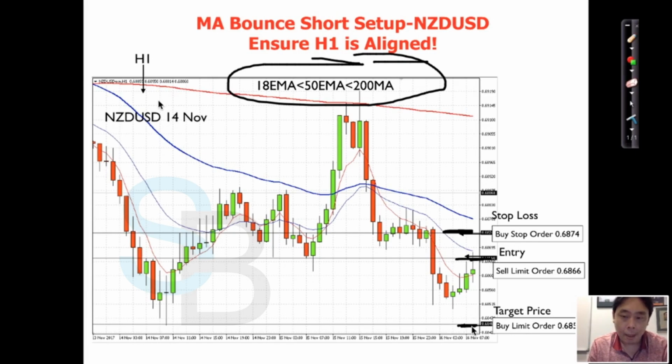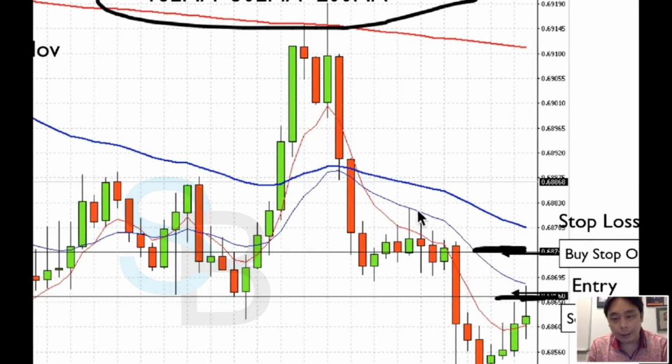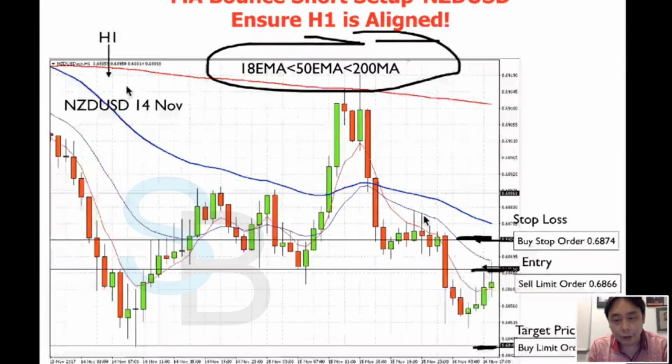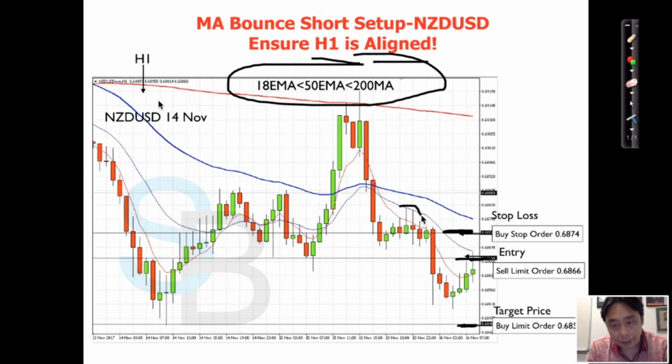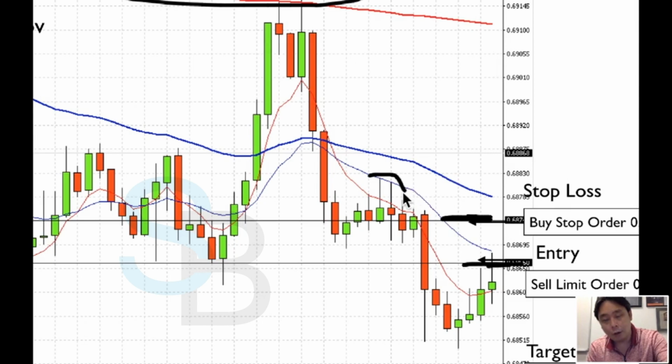Okay. And again, you can see on the hourly candles, this blue line, 18 moving average, is a resistance. Can you see? Resistance. And our stop loss is above that resistance level. So that gives me confidence that my stop loss will not be hit easily because it is protected by this 18 EMA resistance level.